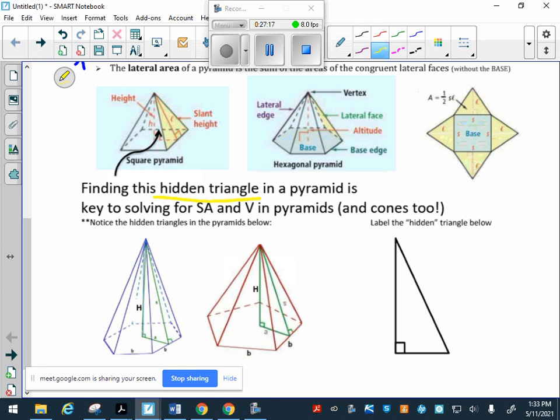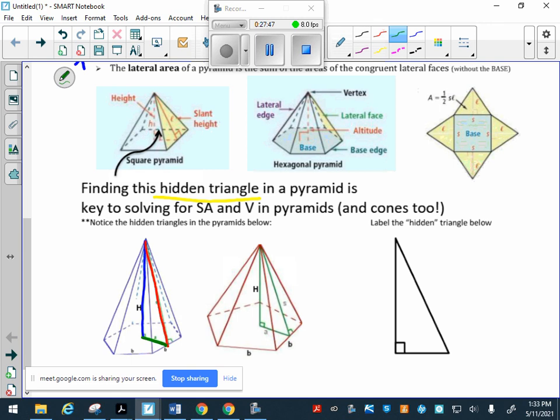So it's that right triangle that you want to identify and use, again, Pythagorean theorem, SOHCAHTOA, special rights, but in most cases it's going to be Pythagorean theorem for these, okay? So you've got the altitude down, you've got the slant height here, and then we connect it like this.